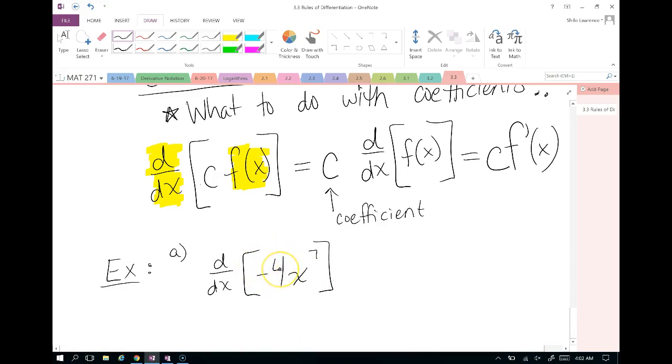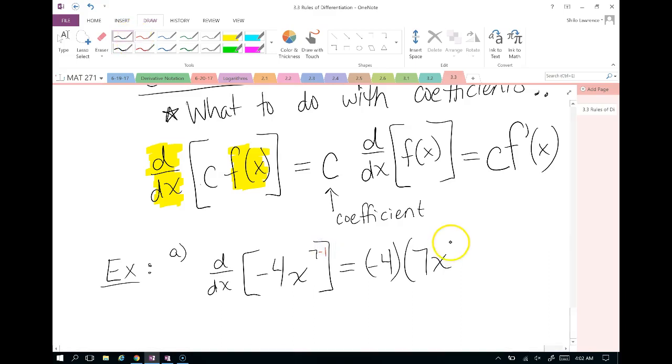So really, I don't have to do anything with the -4 except carry it to my answer. Just carry it along to your answer. What I need to do is apply my power rule to my x to the 7th. And the power rule says bring your old power out front and subtract 1 to get your new power.